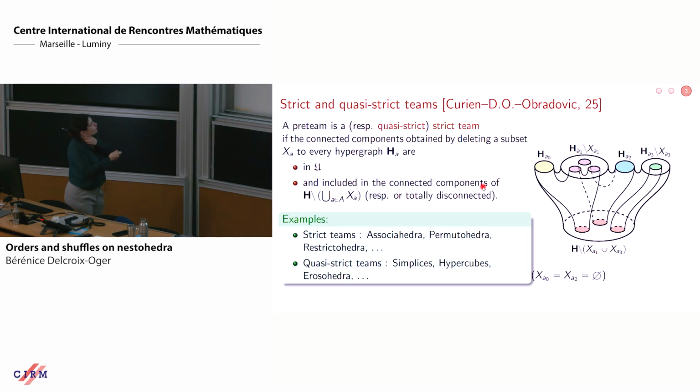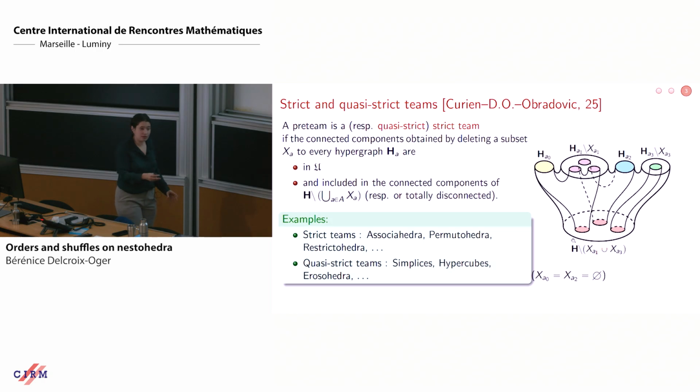We have two kinds of restrictions on this family. These restrictions are on the connected components. So here, for strict families, imagine that once you have removed your root, the set of the root, then you have connected components. What we want in the strict case is that if this bubble is connected, then it is also connected in the big hypergraph.